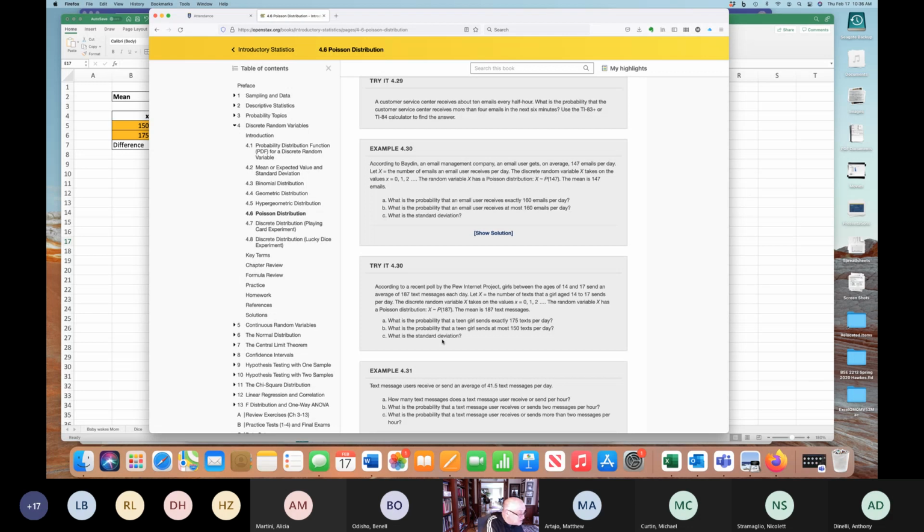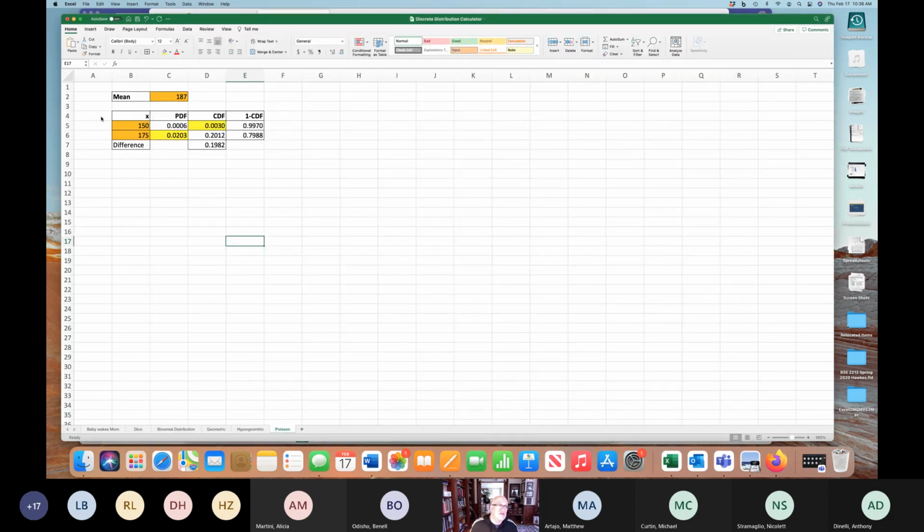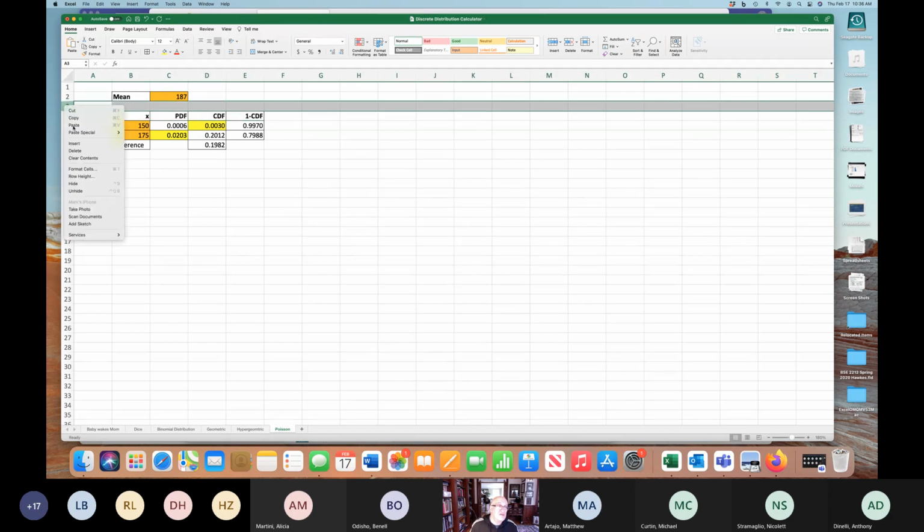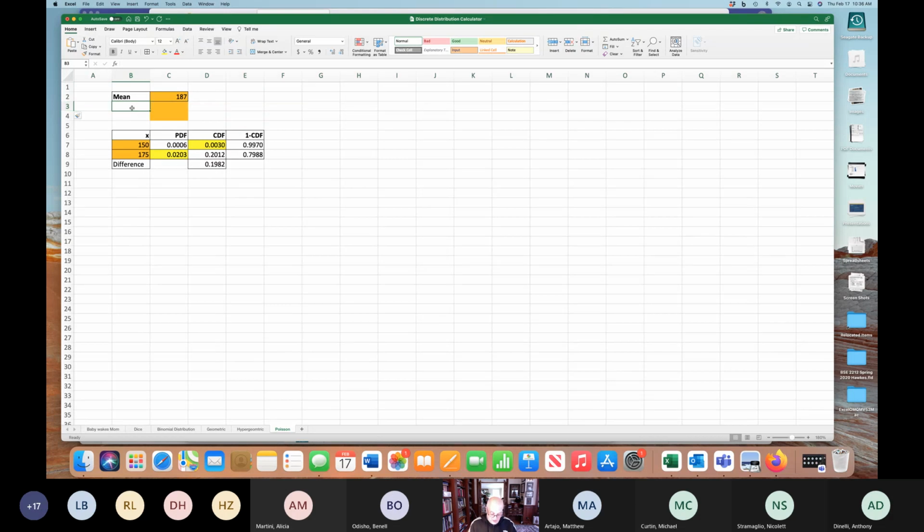The standard deviation is the square root of mu, so we can do this. So let's add some lines in here. Insert.